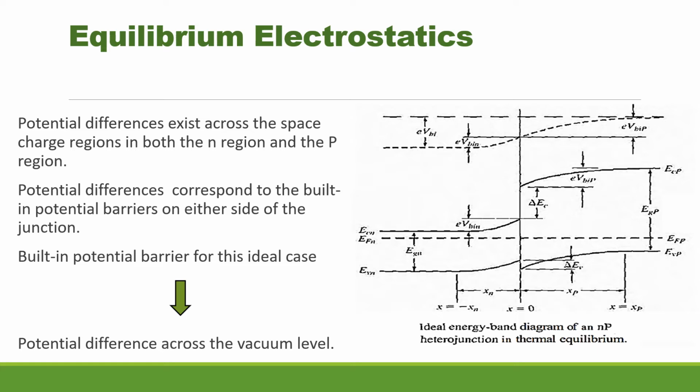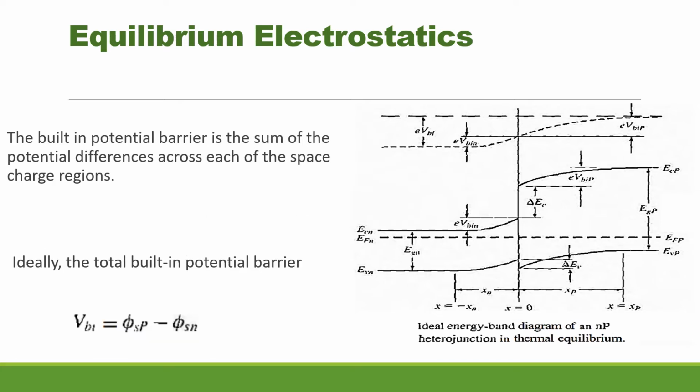The built-in potential barrier for this ideal case is defined, as shown in the figure, to be the potential difference across the vacuum level. The built-in potential barrier is the sum of the potential differences across each of the space charge regions.